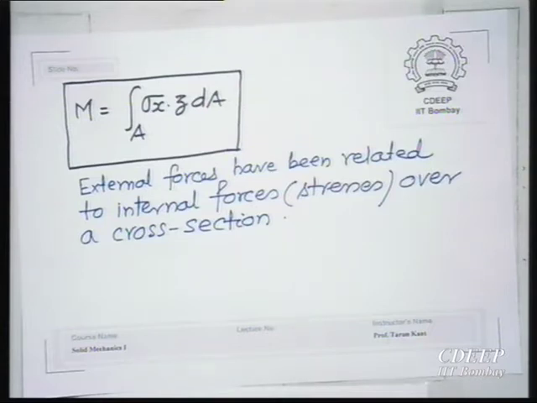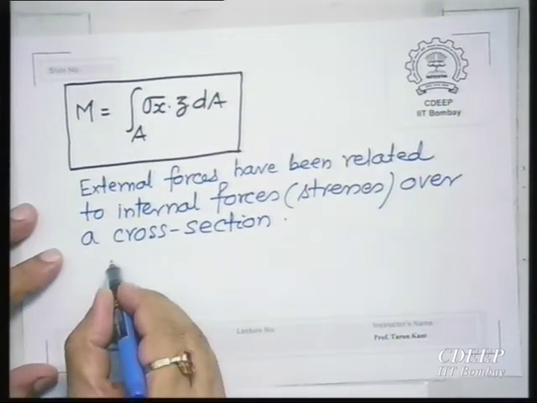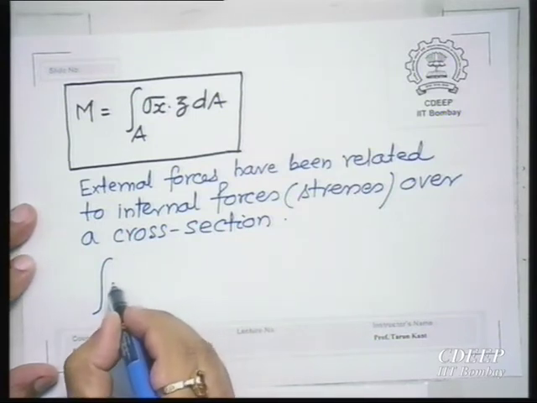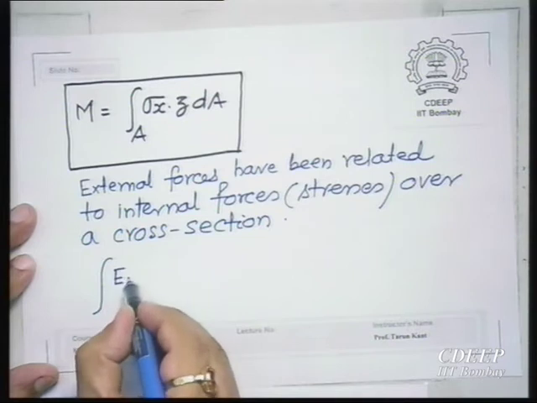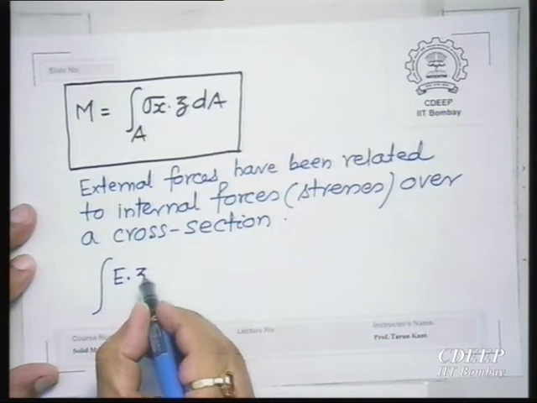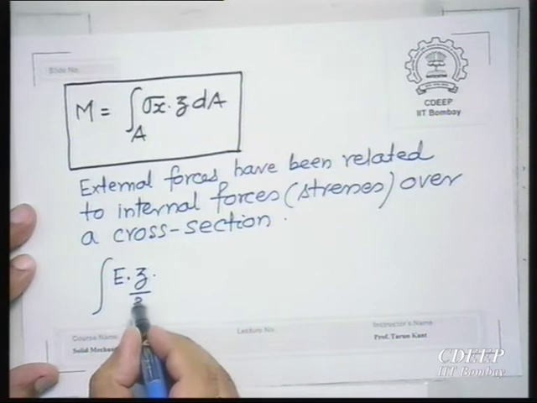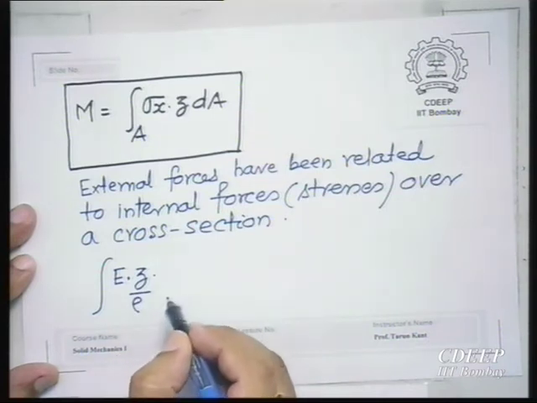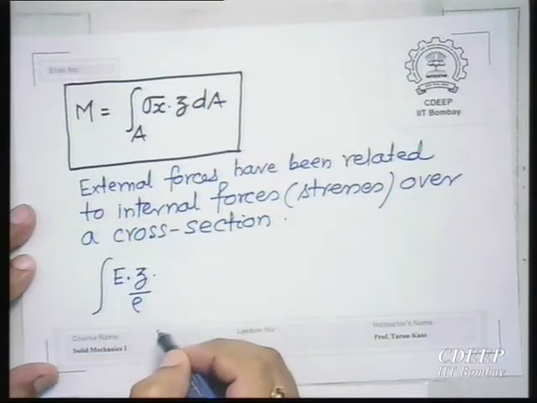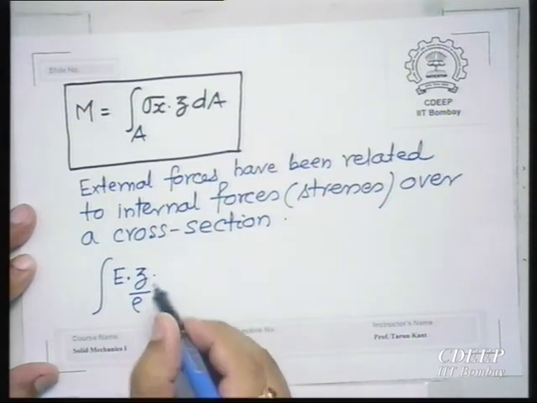Now, substitute. What is sigma x given by? Integral of sigma x, what was the sigma x? E into z by rho is sigma x, multiplied by area.